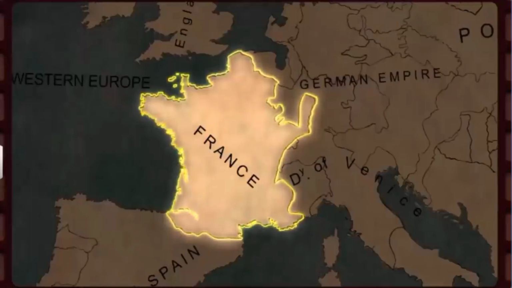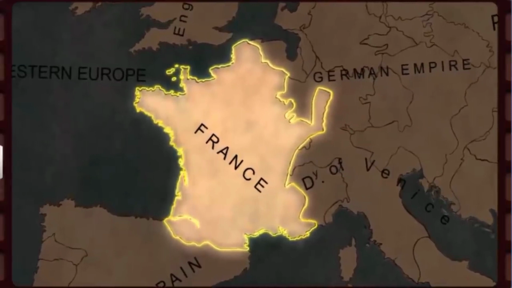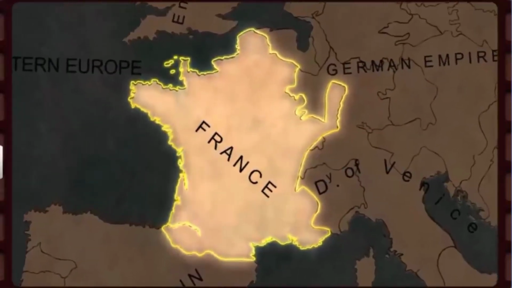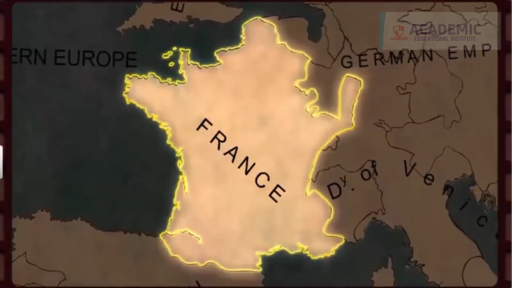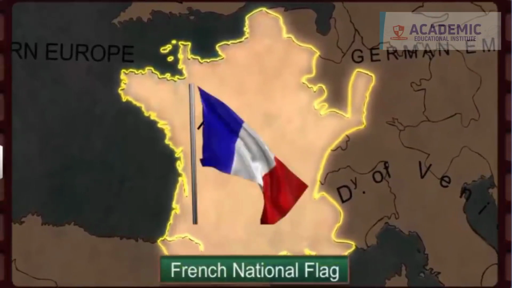Some major steps were taken by the revolutionaries to establish a feeling of nationhood and a collective French identity. To commemorate this significant historical event, a new design for the French national flag was adopted. The new design represented the pride and honor of belonging to a free nation.